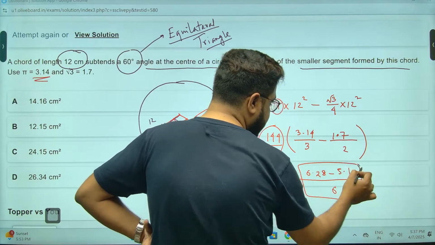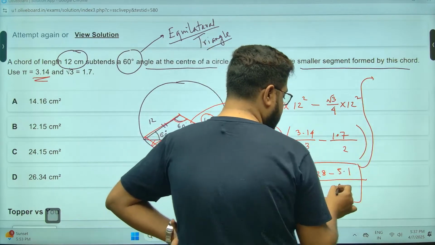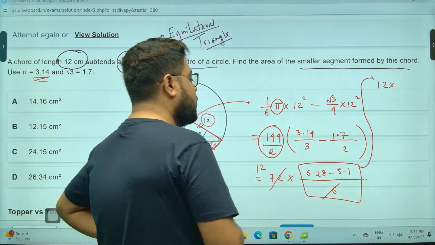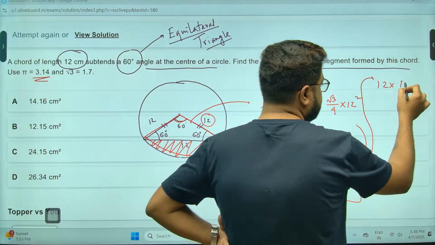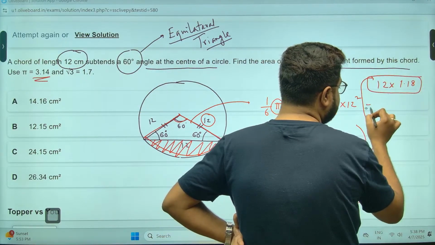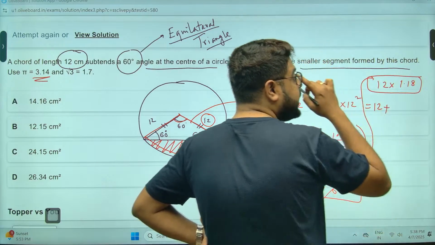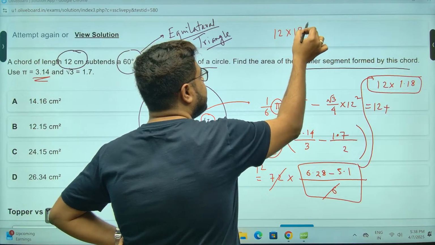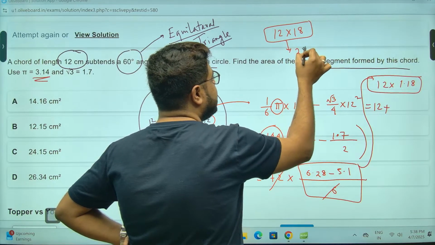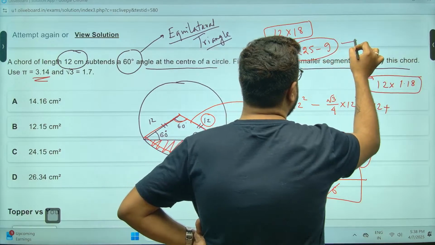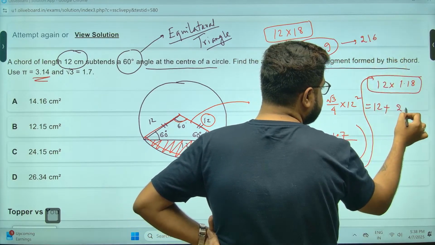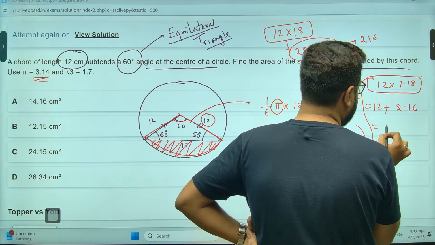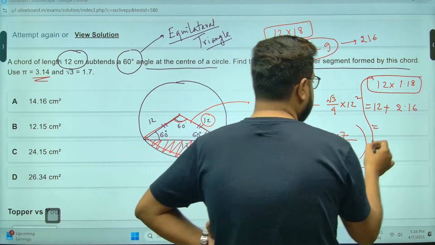Calculating 72 times 1.18, that is 12 times 1.18. 12 into 1 is 12 plus 12 into 0.18 is 2.16, so 14.16 is the answer.